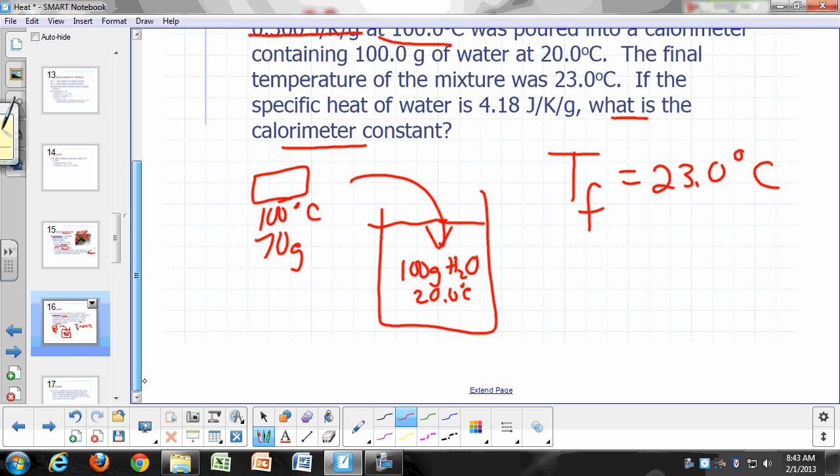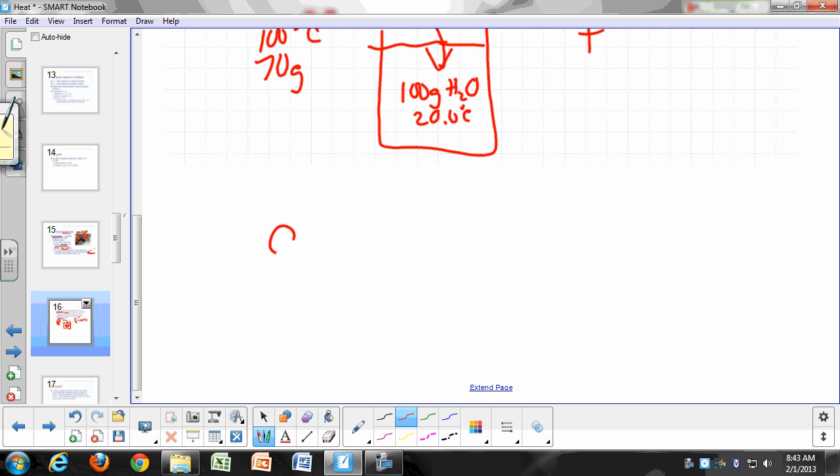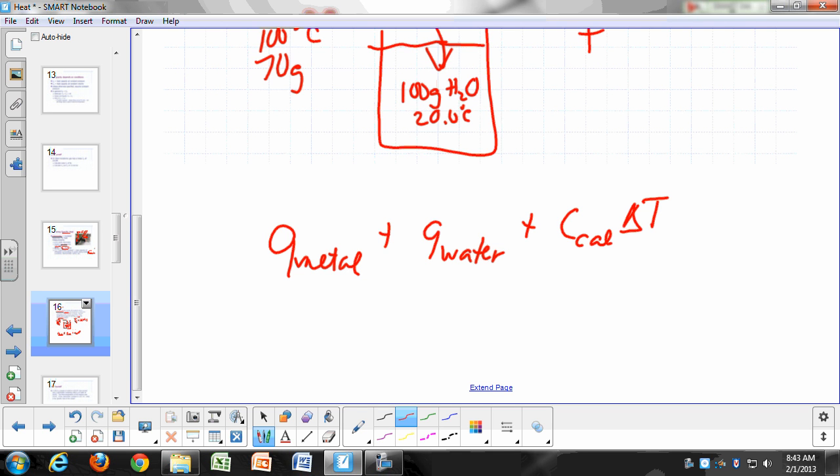So what's the equation that we have to use? We're going to say Q of our metal plus Q of our water plus Ccal delta T. What's that going to add up to? Q for everything inside adds up to 0.